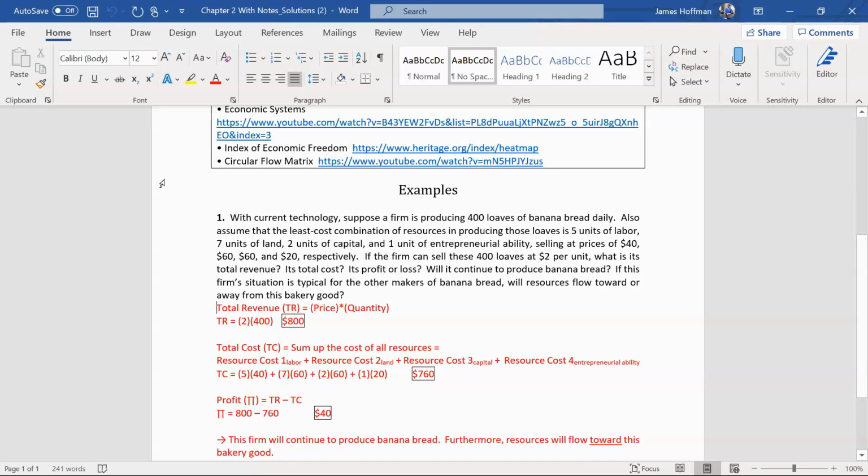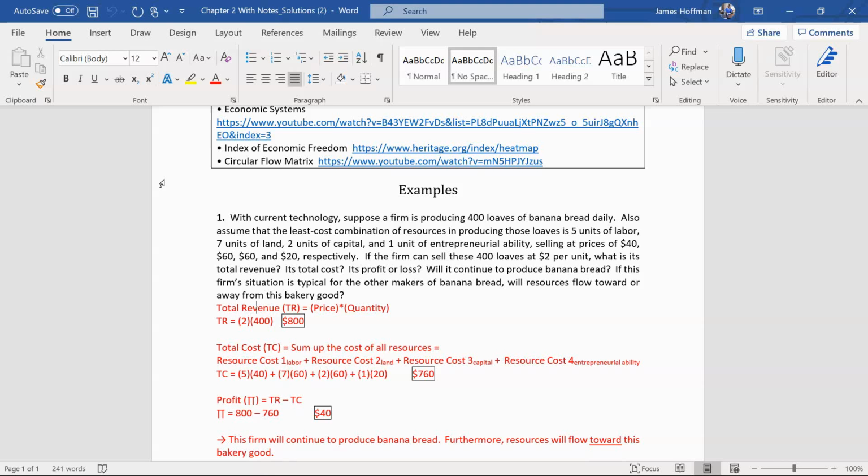Okay, so we can define total revenue as the revenue the firm makes. If we just have one good, like we do here, then the revenue the firm makes is how many of those units they sell, times the market price of that good. So the revenue the firm makes is essentially the price of that good times how many they sell.